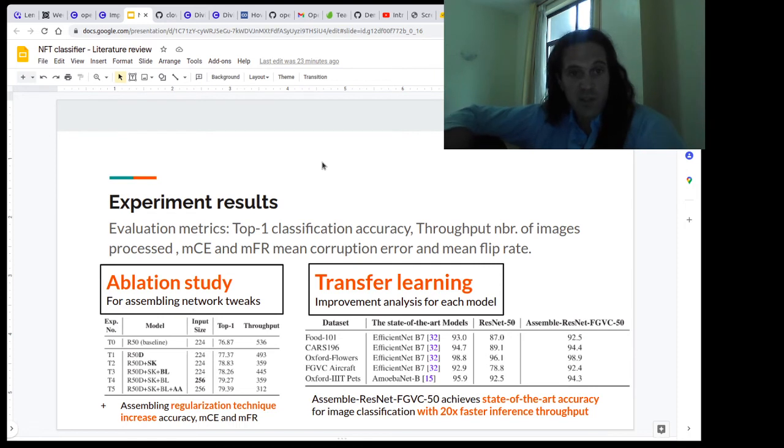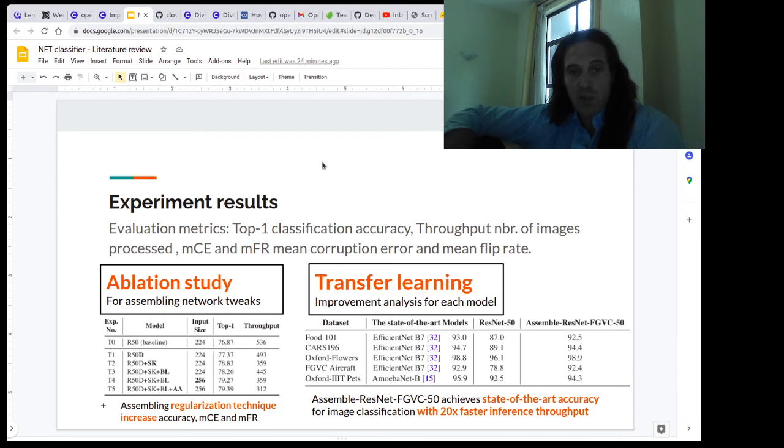The experiment results are showing that the ablation study for assembling network tweaks has great evaluation metrics, and transfer learning improvement is better for each model as well when using a combination of assembled ResNet on FGVC50.